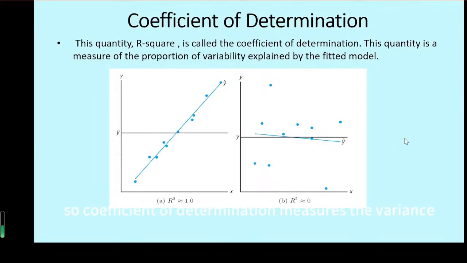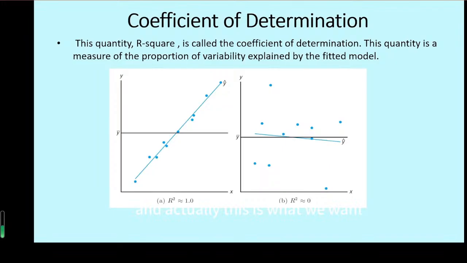So the coefficient of determination measures the variance of the y variable explained by the fitted line in linear regression. But one thing is, this coefficient of determination will never decrease if you add more explanatory variables. Which means if you make the model very complex, you will increase the coefficient of determination.